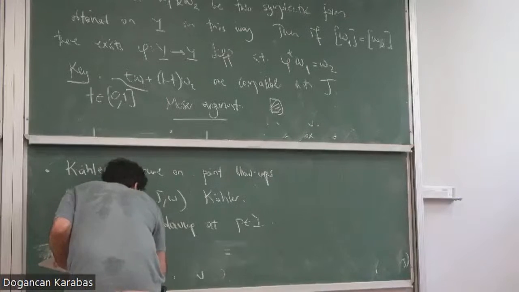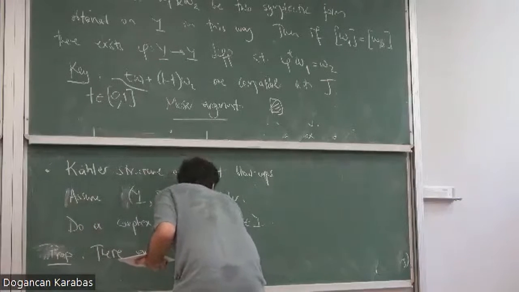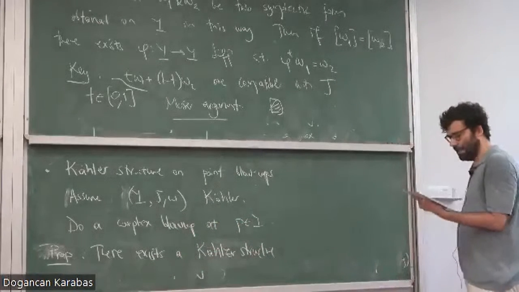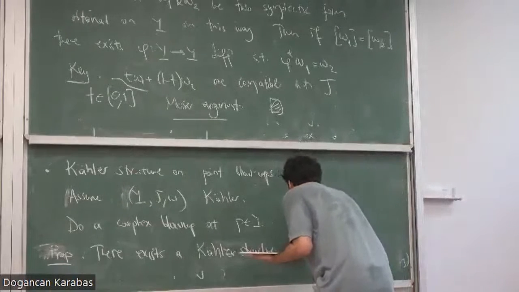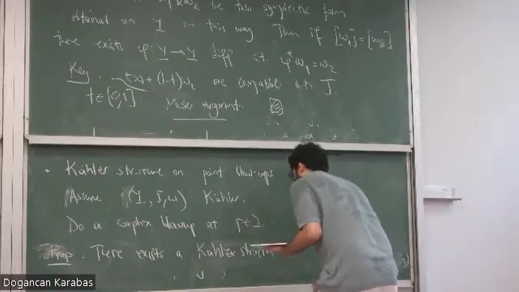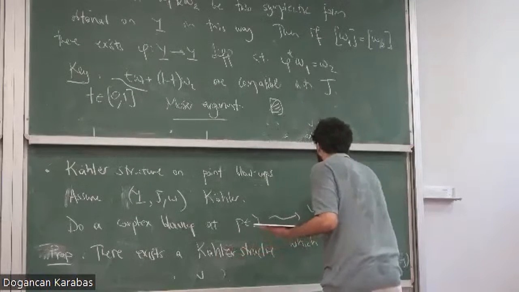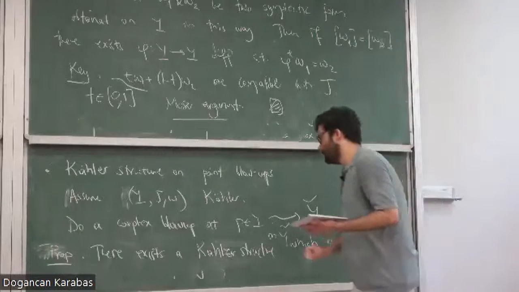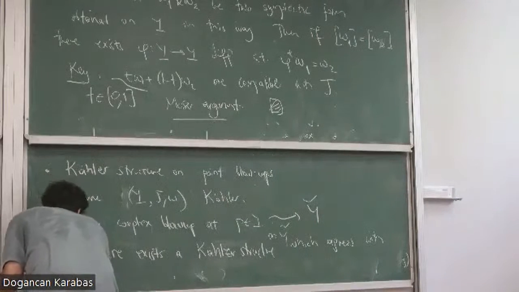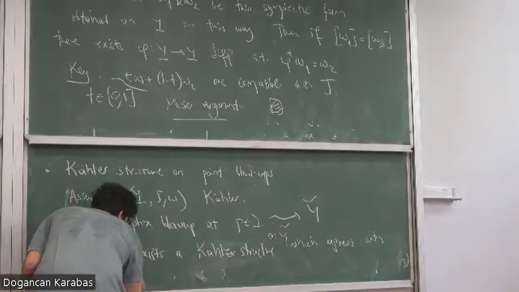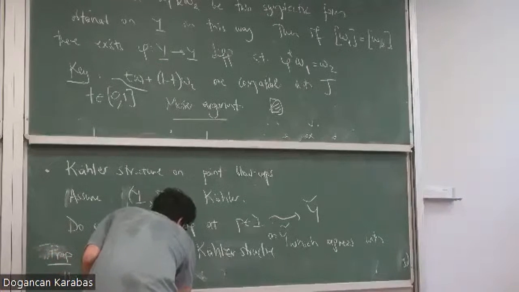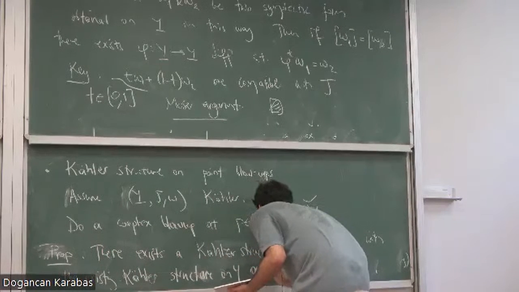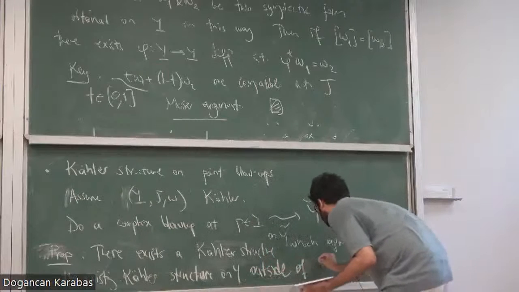There exists a Kähler structure, meaning not just the class but an actual form, on the blow-up Y tilde, which agrees with the existing Kähler structure on Y outside of the exceptional divisor.